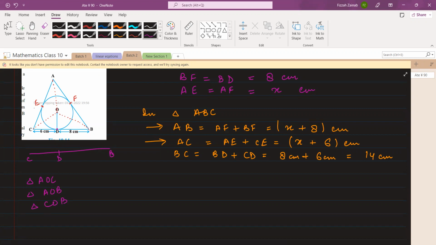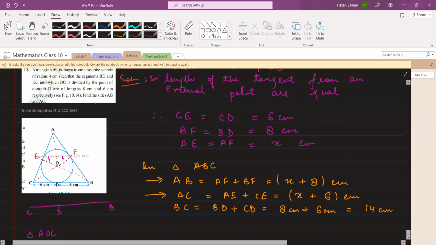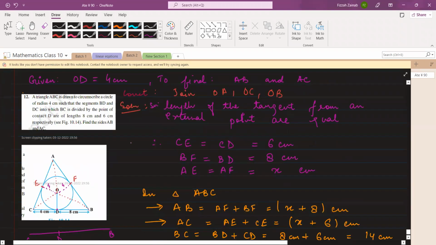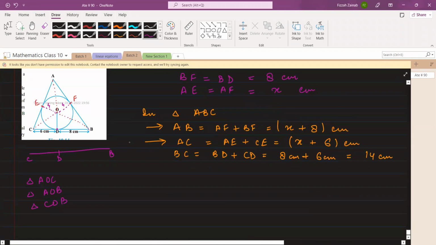Okay, in the construction part, you can also join OA and OF. Now, because they are also radii, they will be 4 centimeter and 4 centimeter, right? I think it was 4 in the question or 5. Yeah, 4 centimeter. And OD is also 4. They are radii of the same circle.